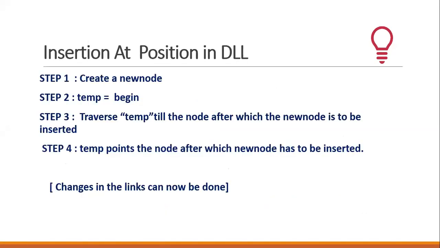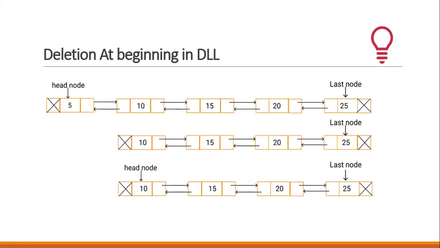But this is the logic, because whenever we talk about an algorithm, we are talking about just the core logic which should be applied whenever we want to do this operation. So this is about insertion at a particular position in a doubly linked list.